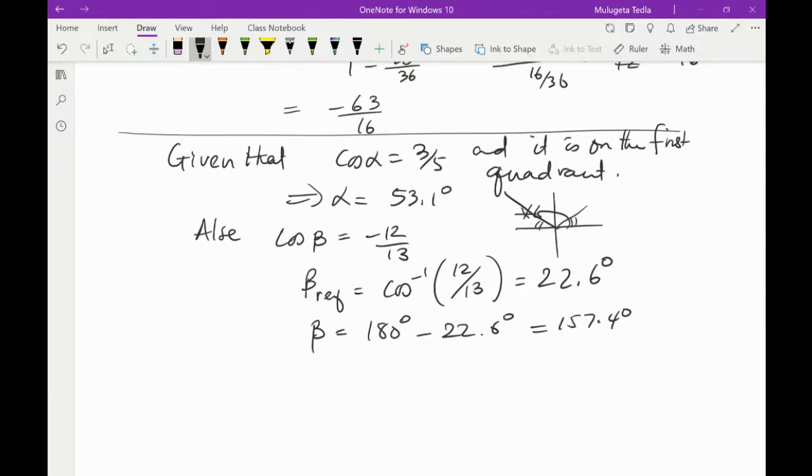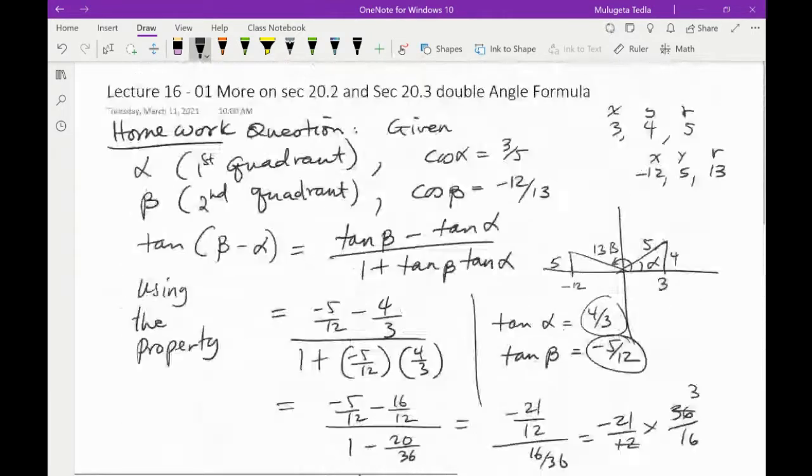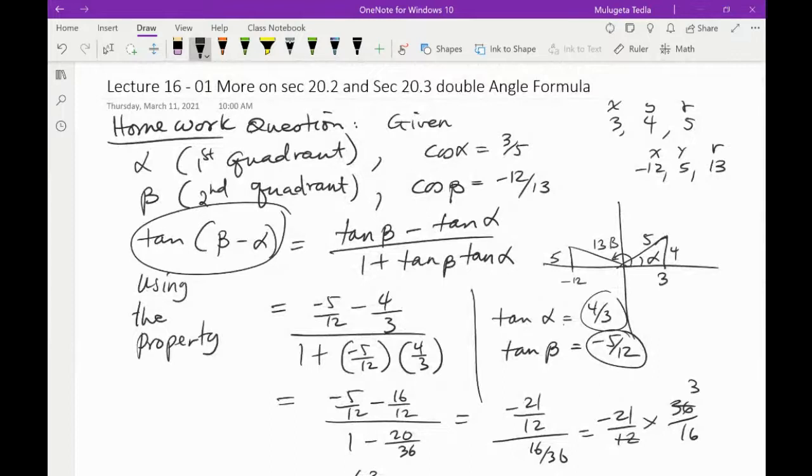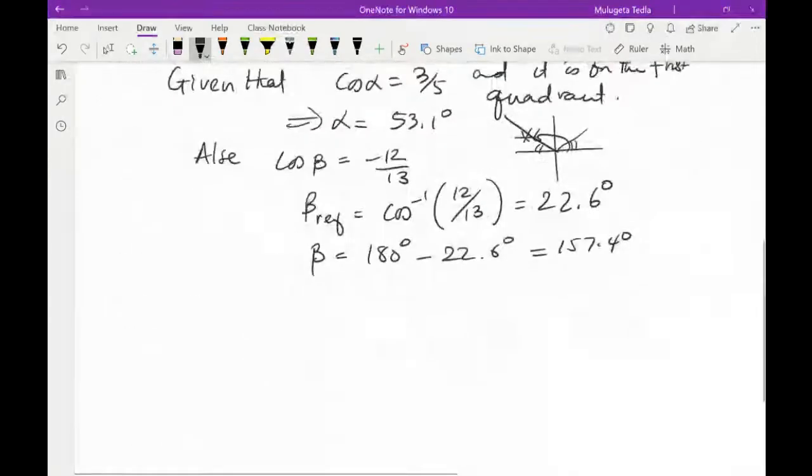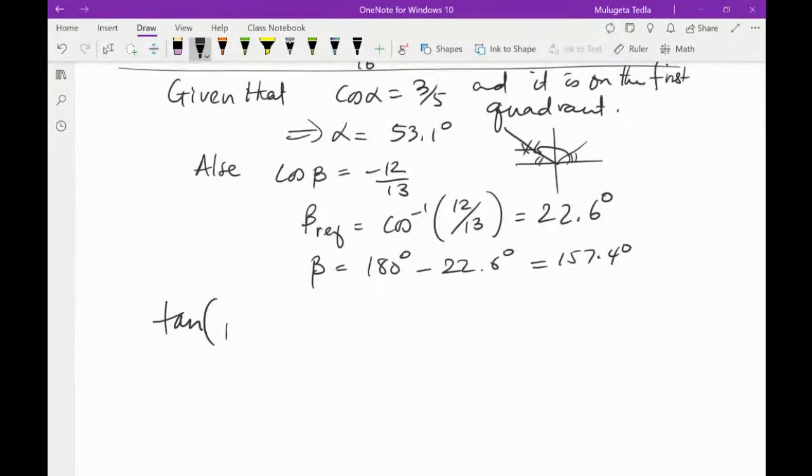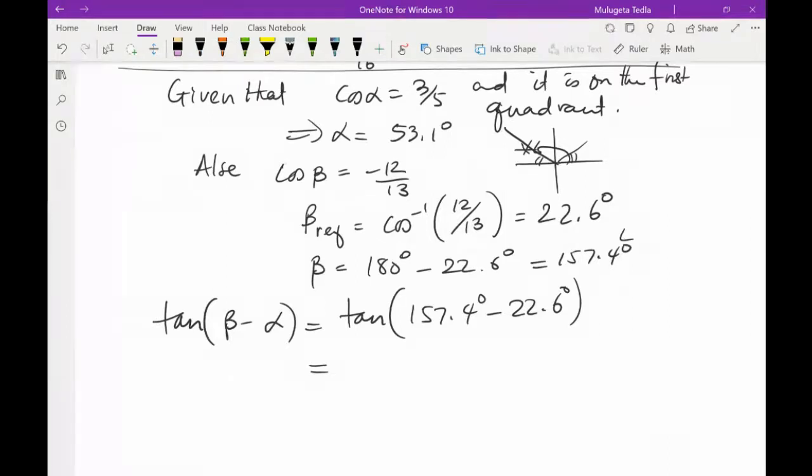157.4 degrees. Now, you asked me to find tangent of beta minus alpha. So I'm going to go, what is tangent of beta minus alpha? I got the numbers. So tangent of 157.4 minus 22.6. We should get the same answer, except for a little deviation because of the approximations.